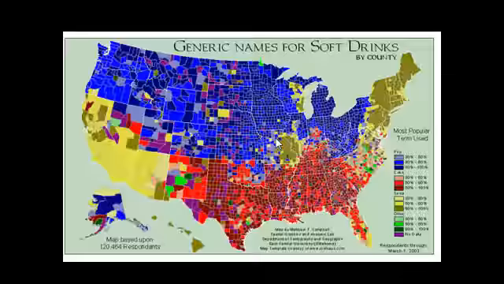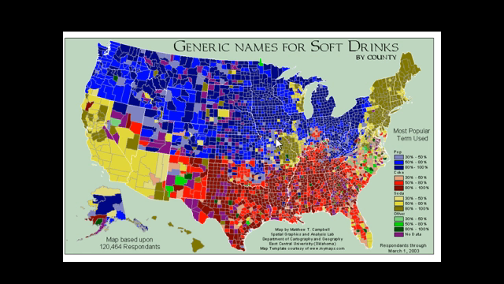I've got another example of a formal region. Let's return to that map of what Americans typically call soft drinks. Notice up here in the American Northeast, you've got internal uniformity, internal homogeneity with regard to this particular variable. In eastern Pennsylvania, New Jersey, New York, and throughout all of New England, people almost universally refer to soft drinks by the term soda.